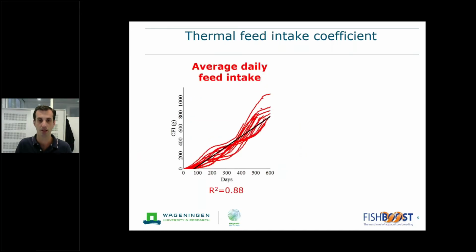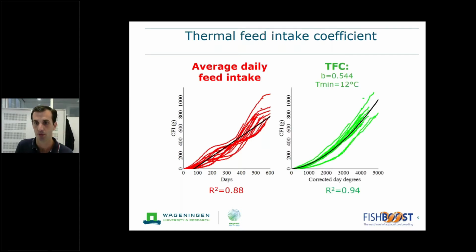And again, we have data from cumulative feed intake over the lifetime of fish in cages. We fitted a linear line, which does not describe the data very nicely. But when we fit this model to the data, we get a much more accurate description of feed intake over time. And on the x-axis, we have day degrees corrected for the minimum temperature of growth, which is 12 degrees Celsius in sea bream.